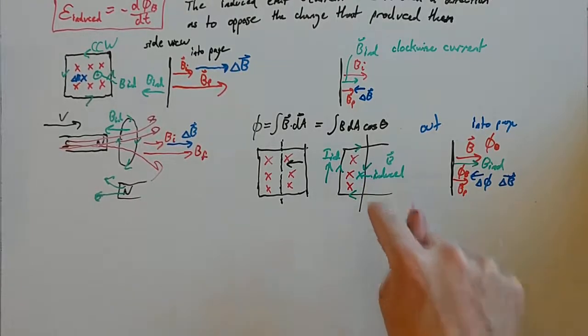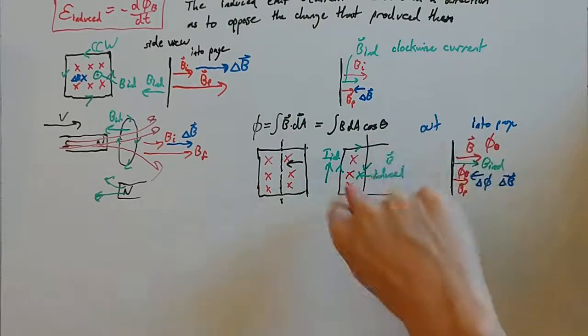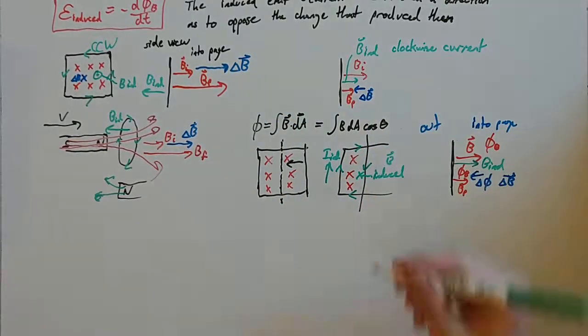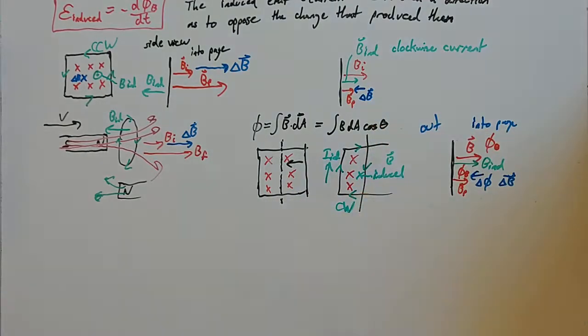Well, that means I put more through. And to put more through, I would need a current that's clockwise here. Clockwise current. So maybe that's another way to think through it. You're always trying to fix or resist whatever change happened. That's the essence here of Lenz's law.